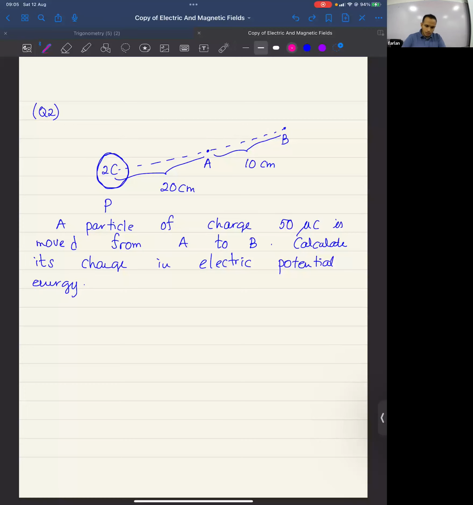Correct? So electric potential at A, VA, will be 1 over 4 pi epsilon naught times 2 over 0.2.